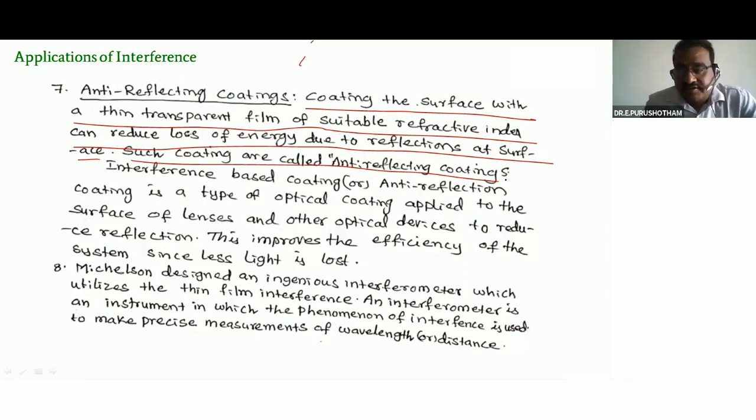This improves the efficiency of the system since less light is lost.